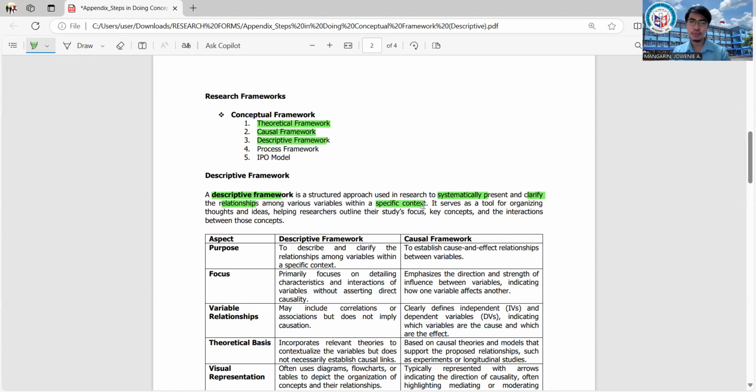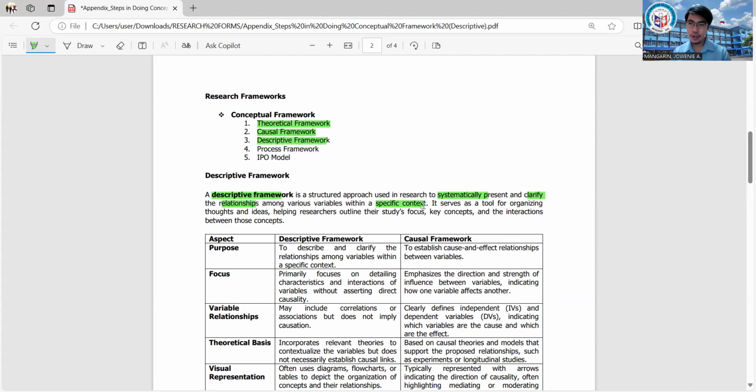Anong ibig sabihin noon? Kung ang causal framework directly ipinapakita natin yung relationship na nag-exist between our variables. For example, yung salary, mayroong direct na relationship sa performance or motivation ng isang manggagawa.